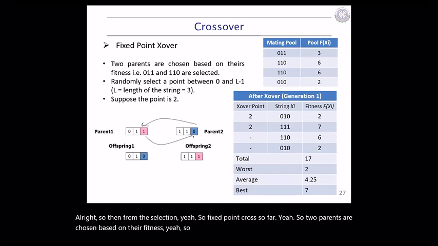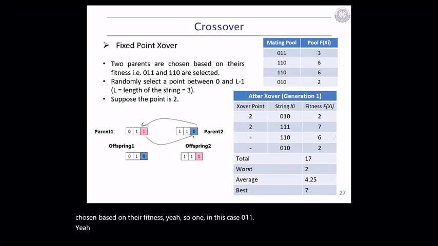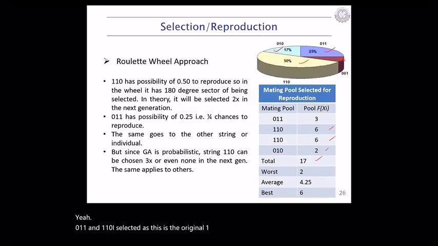In this case 0, 1, 1 and 1, 1, 0 are selected. This is the original one based on the reproduction or selection.